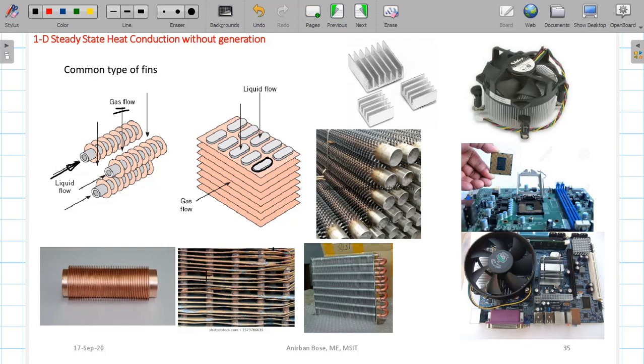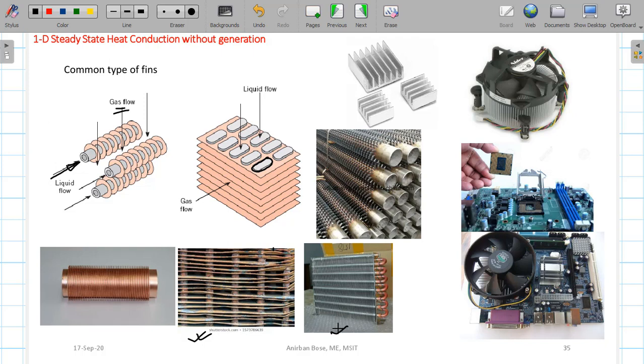Here you can see this second picture, which is a radiator, where you can see the radiator tubes, and outside these radiator tubes you can see extended, thin surfaces which are basically acting as fins to enhance heat transfer between the hot water flowing through the tubes and the outside air.